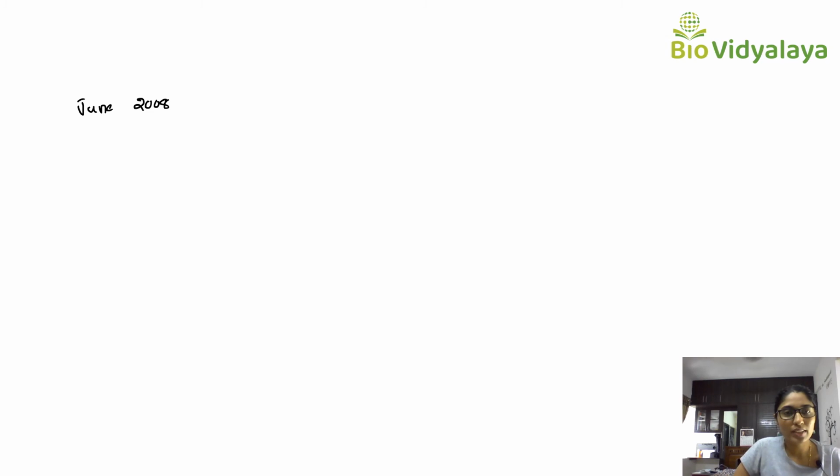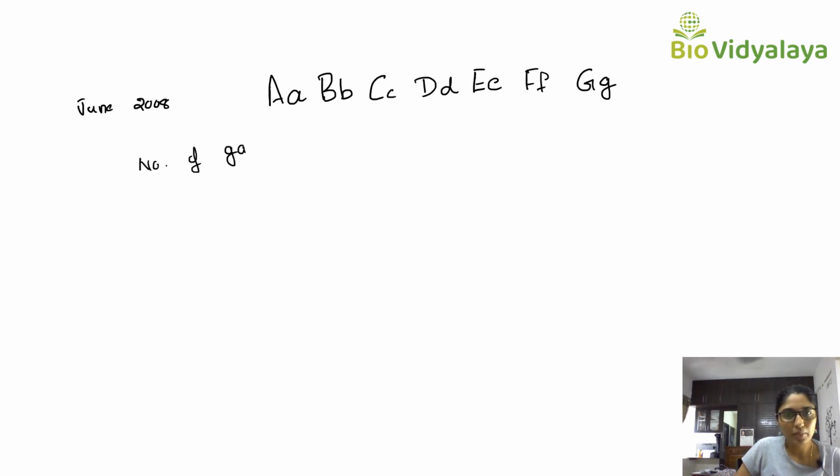Here we have to find the number of gametes formed by the genotype capital A, small a, capital B, small b, capital C, small c, capital D, small d, capital E, small e, capital F, small f, capital G, small g. Here we have to find the number of gametes.